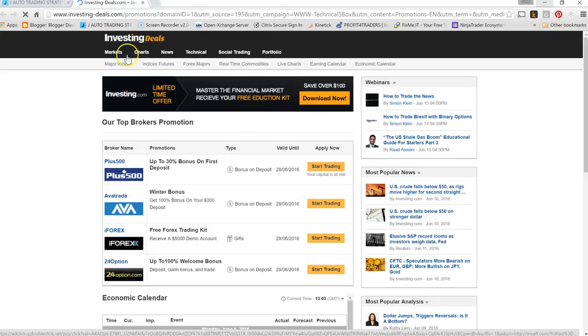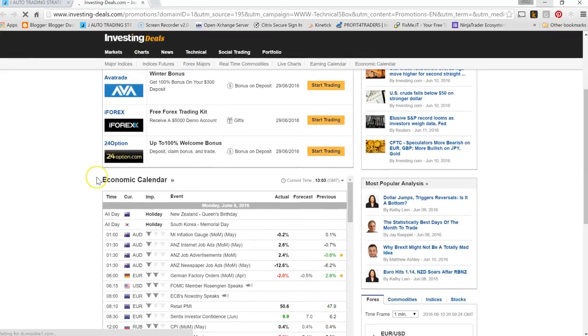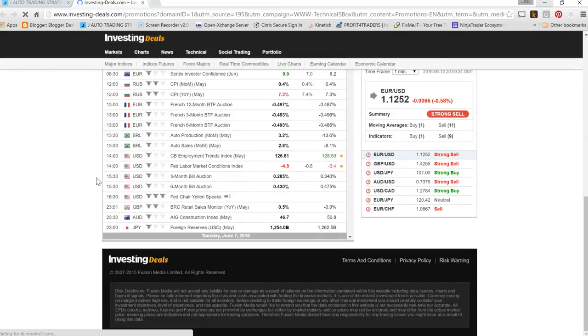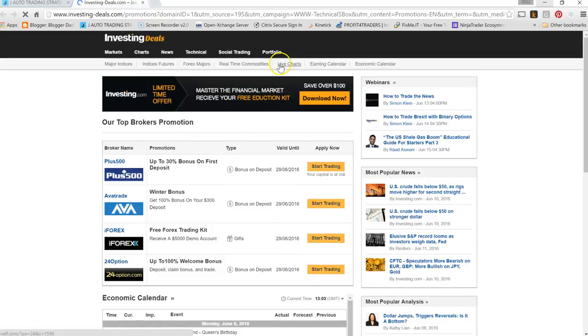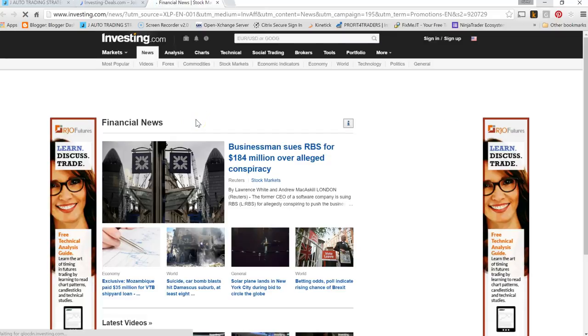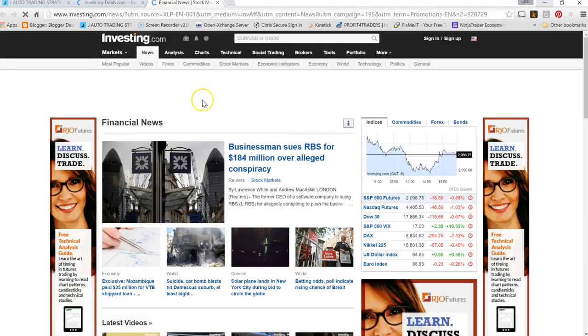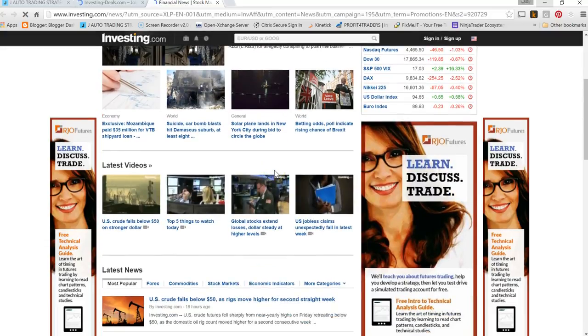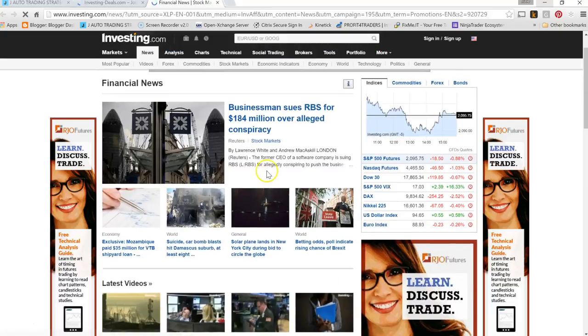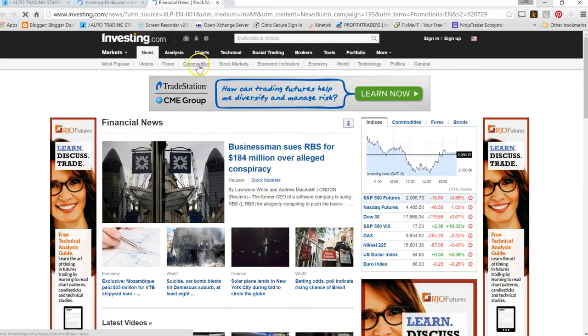If you click the Start Trading button, that takes you to investing deals. You can see more things, you can have more things with the calendar, you can read their technical summaries, their news. So this is a very handy website. I didn't know if you realized you could get to the website by clicking Start Trading Now. And of course, they provide signal providers.